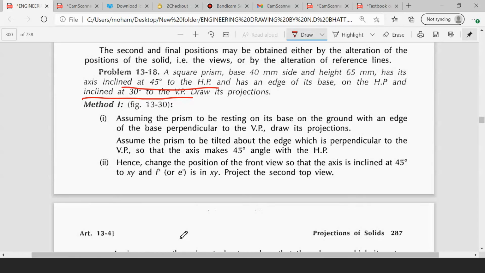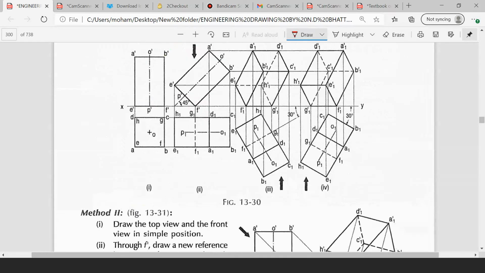This axis is inclined at 45 degrees to HP. Axis is inclined at 45 degrees to HP.